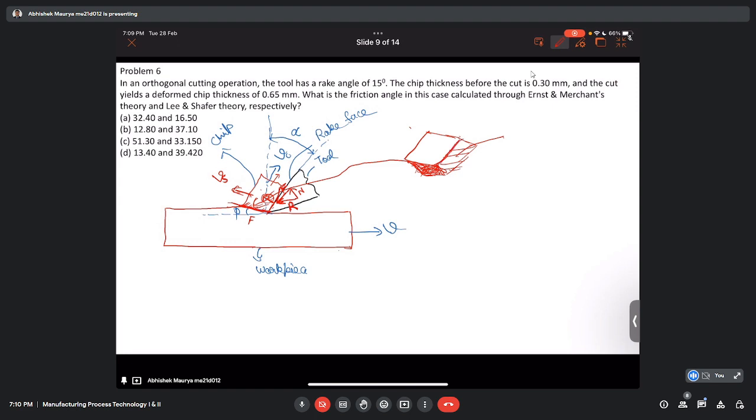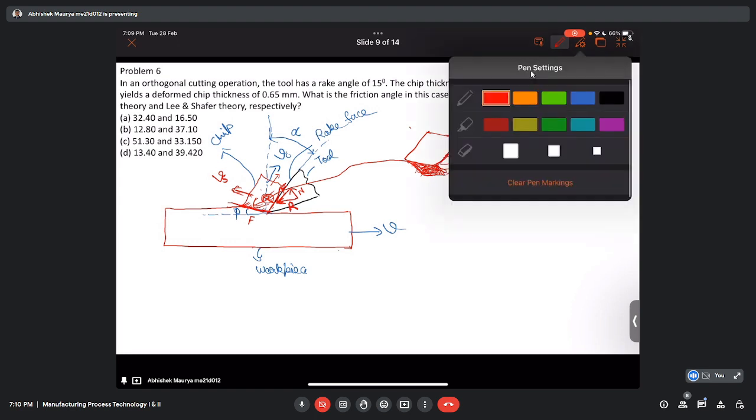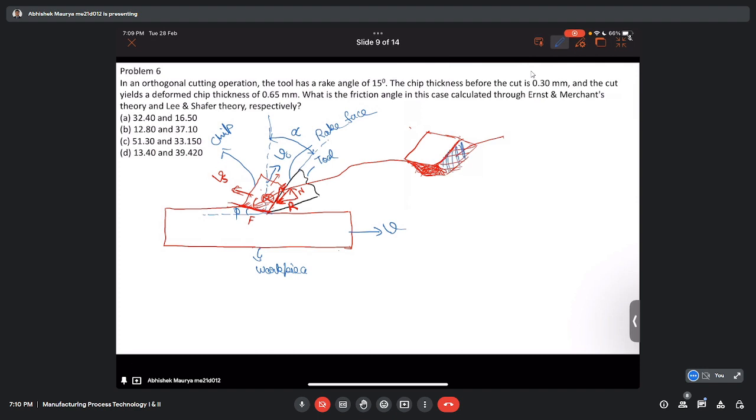On this face the tool is applying force, whereas on the bottom face of the chip, it is also experiencing force because of the shear deformation of the material. So the chip is experiencing force on these two faces. And right now I am going to show the forces experienced by the chip on this shear plane, that is the shear plane.